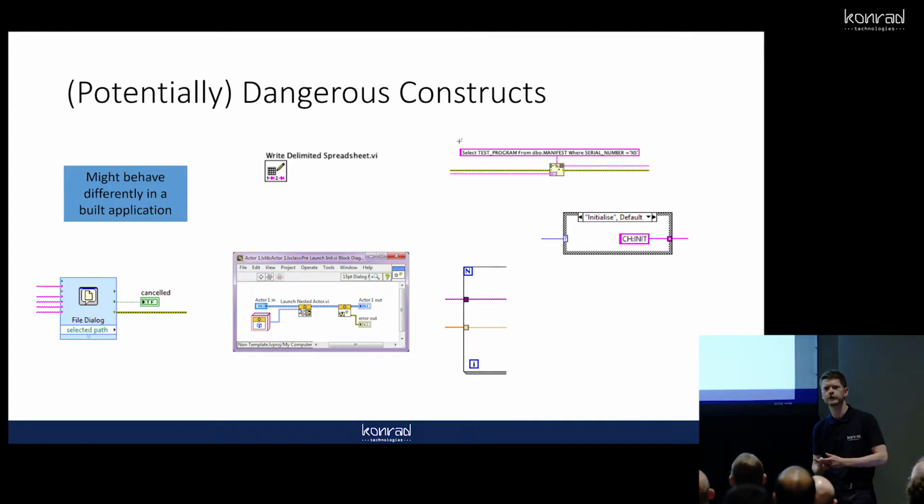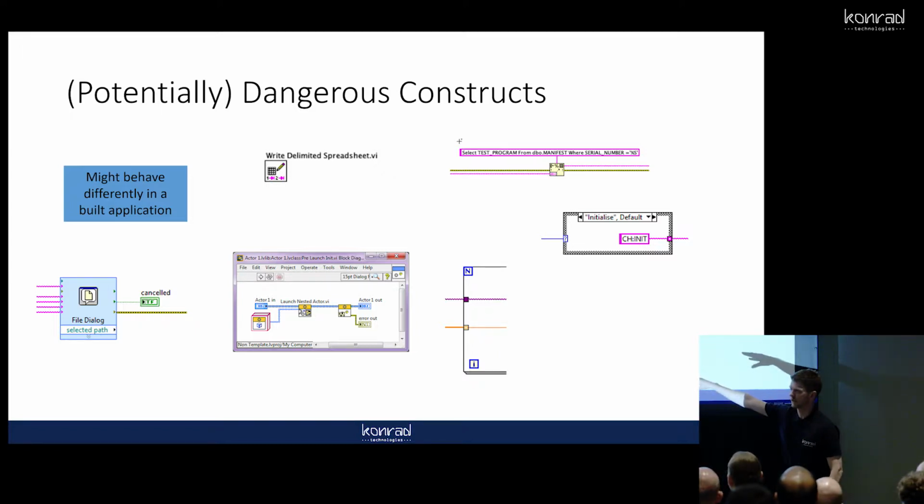Error 43 it throws, but it returns a Boolean to say that it was cancelled. So which one are you going to handle? Are you going to handle the error, or are you going to use the cancelled Boolean output? So whilst it does work, it might give you unexpected behavior depending on how you've coded for a user cancellation downstream. So it has that potential to cause danger.